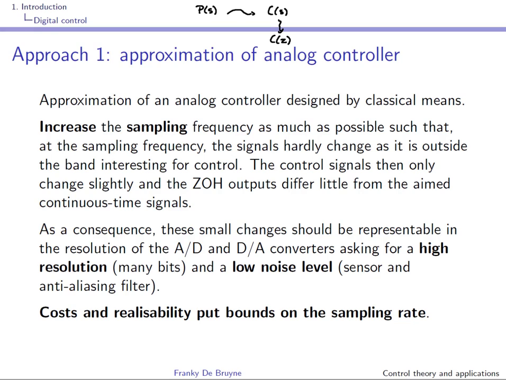As a consequence, these small changes in both the control output but also the measured output should be representable in the resolution of the analog to digital and the digital to analog conversion. This asks for a high resolution, many bits, so a small quantization step. And this small sampling period combined with this high resolution will of course cause a high cost.